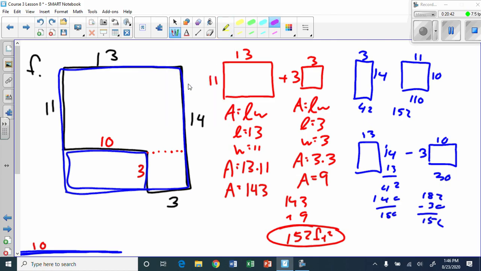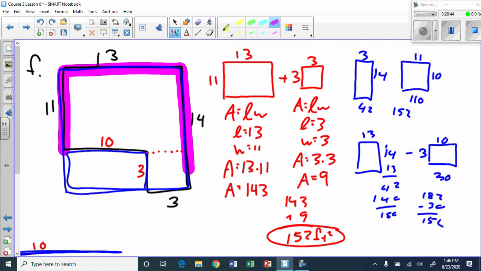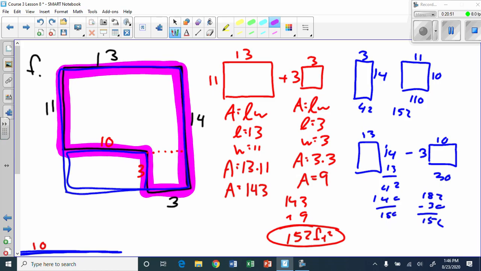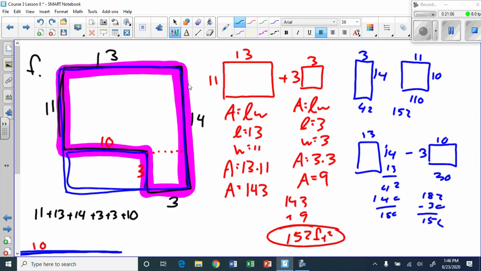Don't forget we also had to do perimeter. I would do perimeter the way I trace it. So 11, 13, 14, 3, 3, 10. 11 plus 13 plus 14 plus 3 plus 3 plus 10. There are 1, 2, 3, 4, 5, 6 sides, 1, 2, 3, 4, 5, 6 numbers.